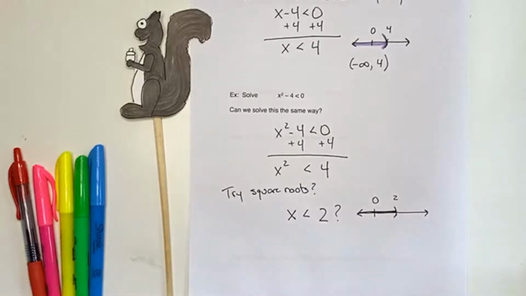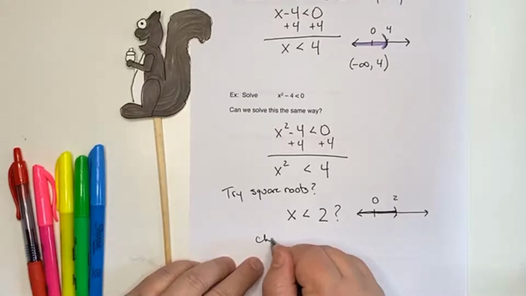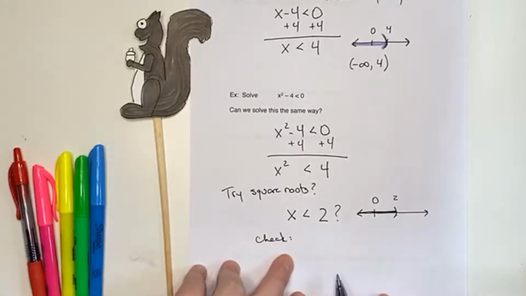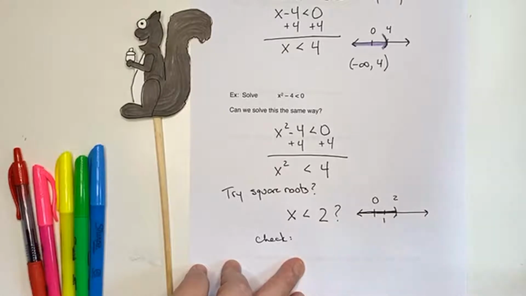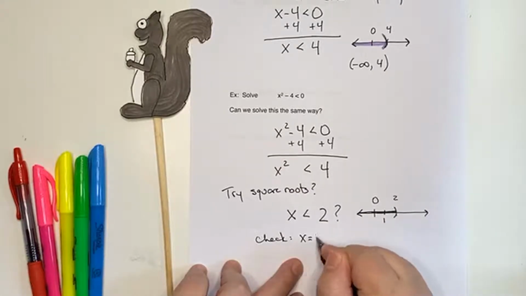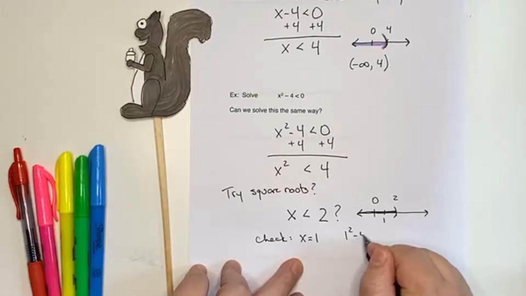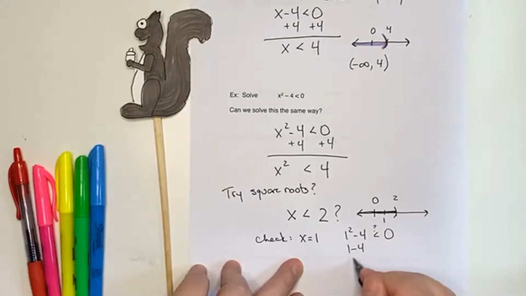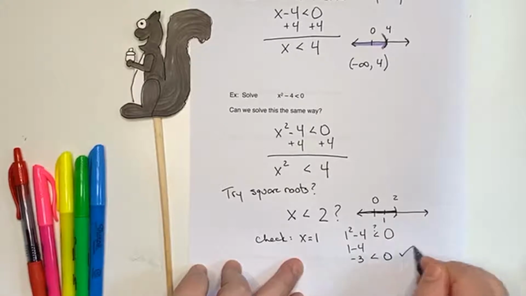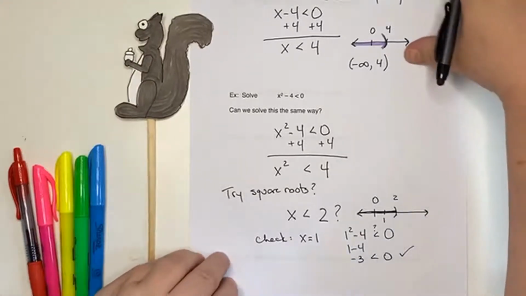Okay. So let's try a couple values. So if I try a value, let's see, 1 is in that interval. So if I try x equals 1, 1 squared minus 4, is that less than 0? 1 minus 4, yeah, that's -3. That's less than 0. Oh my gosh, I'm feeling so good about this solution.